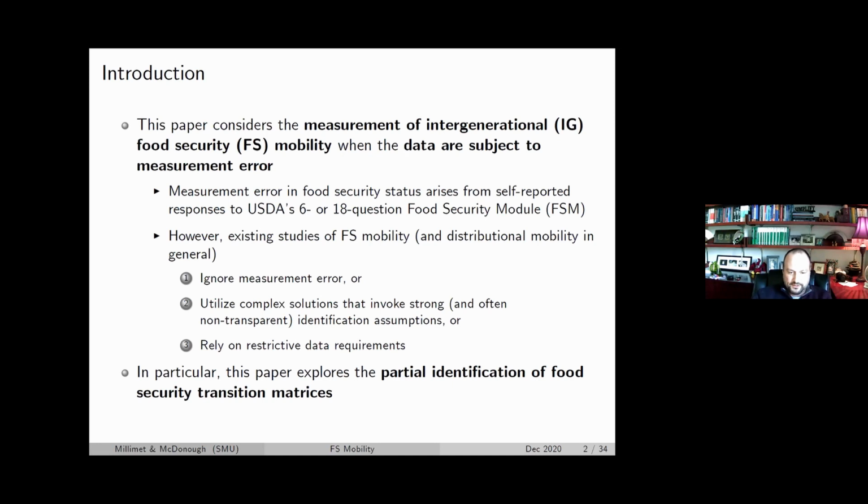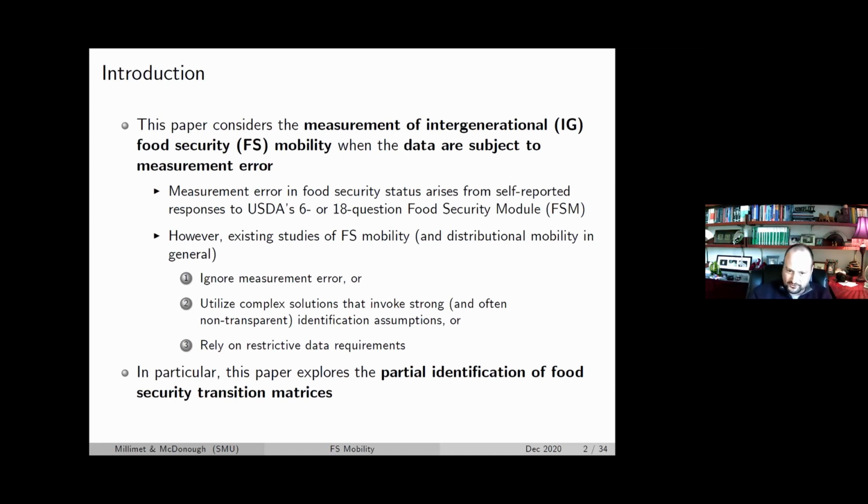So what do people do on the income mobility side of things when they do want to account for measurement error? Basically, if you haven't read any of these papers, they are a slog to get through. They typically rely on very complicated solutions, more like structural models where they incorporate measurement error into the data generating process.